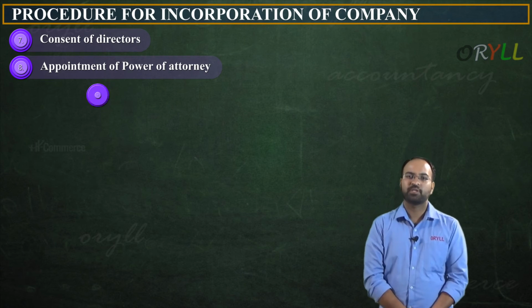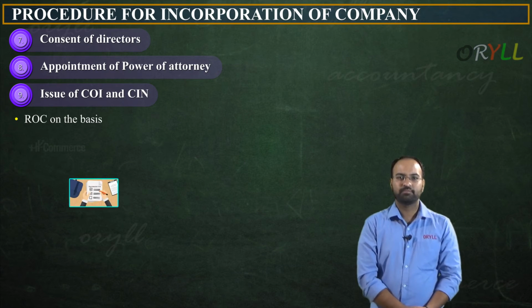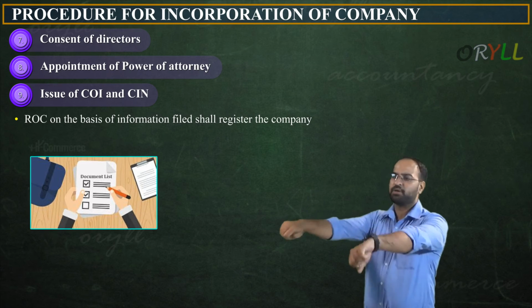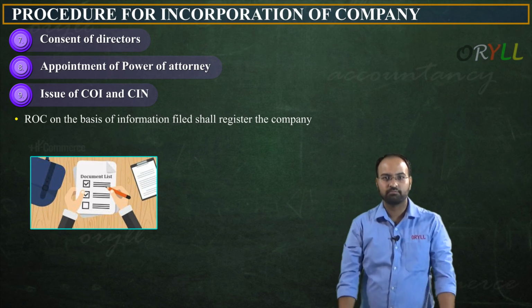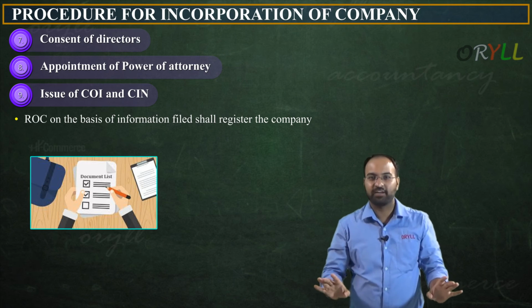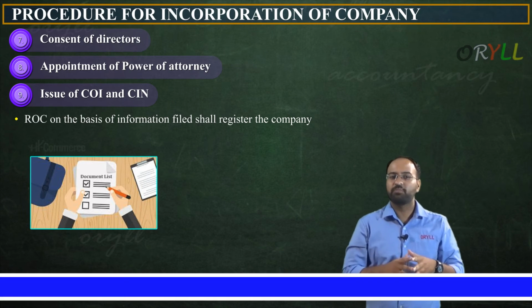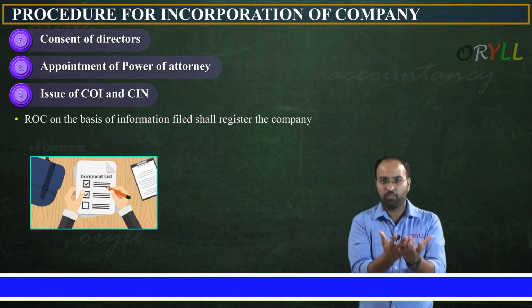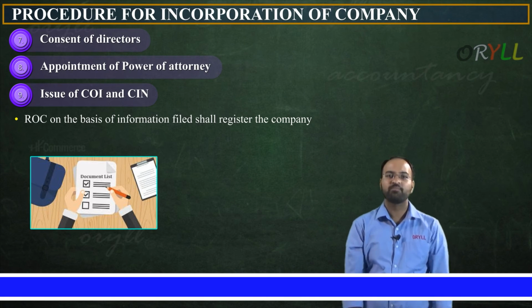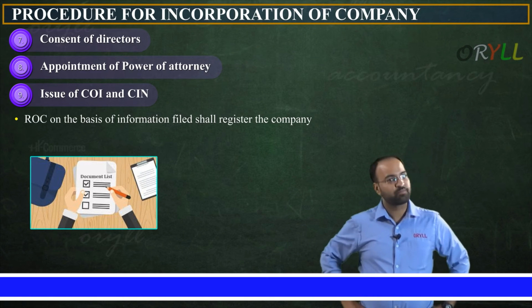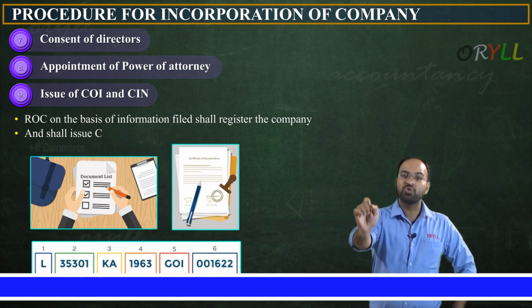Now the ninth step. After having all this done, take all these documents, go to the ROC and submit them. Got it? Then the ROC will examine the information filed. If they are satisfied that yes, we have complied with all the rules and regulations and filed all the documents correctly, then they will register the company and issue one certificate.